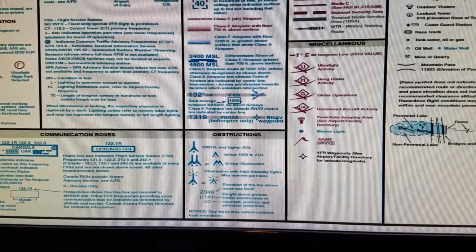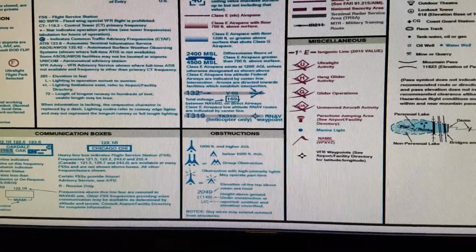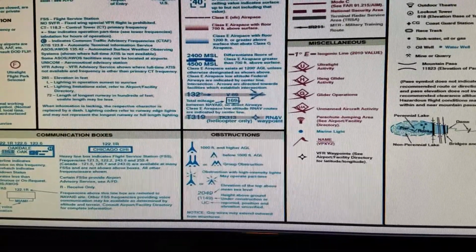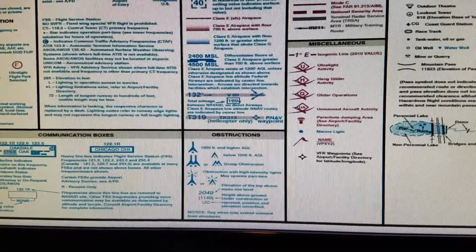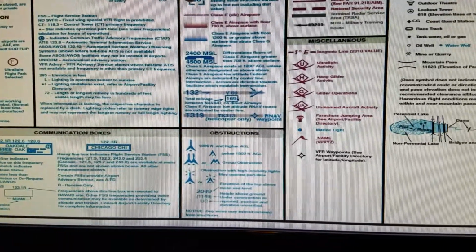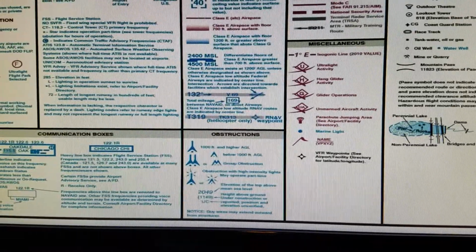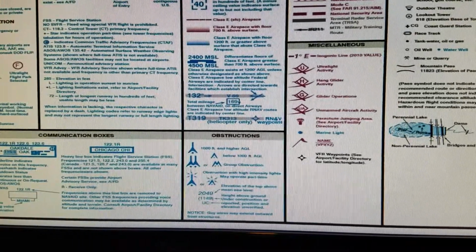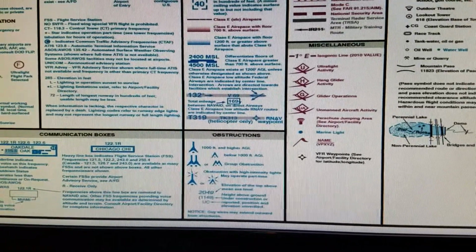And then the dotted or separated small blue line is for class D airspace, and then you see this box, the figure boxed out in the marking, that says the ceiling of class D airspace in hundreds of feet.